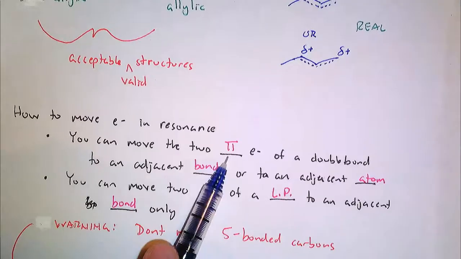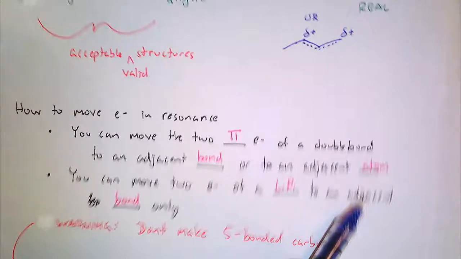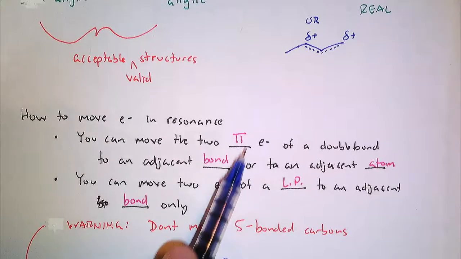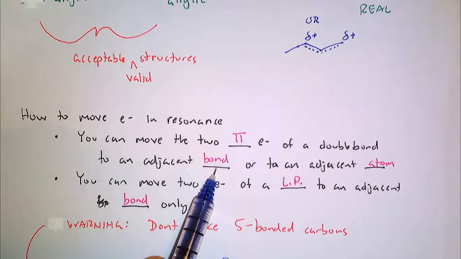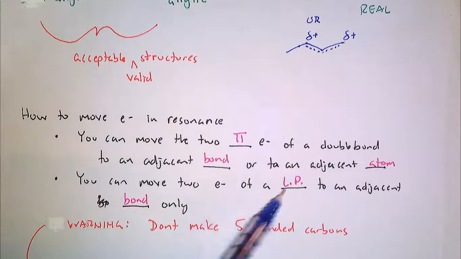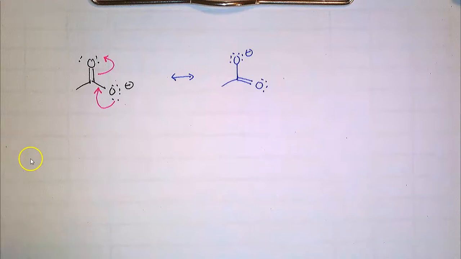You can move a pi bond to an adjacent atom. So actually we've seen all 3 cases: pi electrons to a bond, pi electrons to an atom, and lone pair to a bond. Okay. That was a lot. Hopefully you'll have practice problems. We're going to continue our discussion of resonance in the next video.